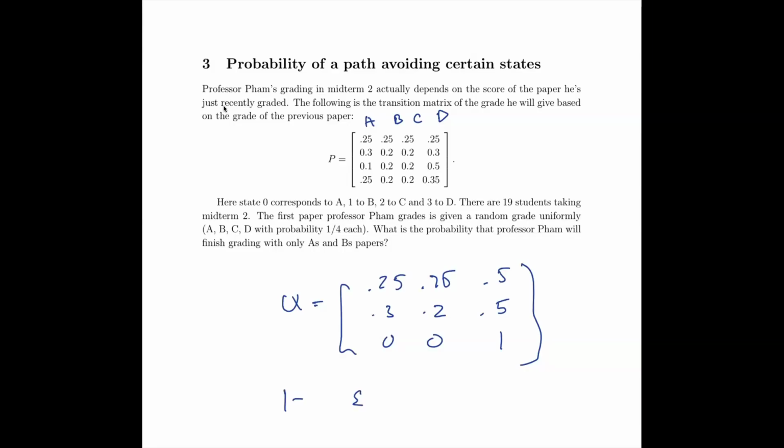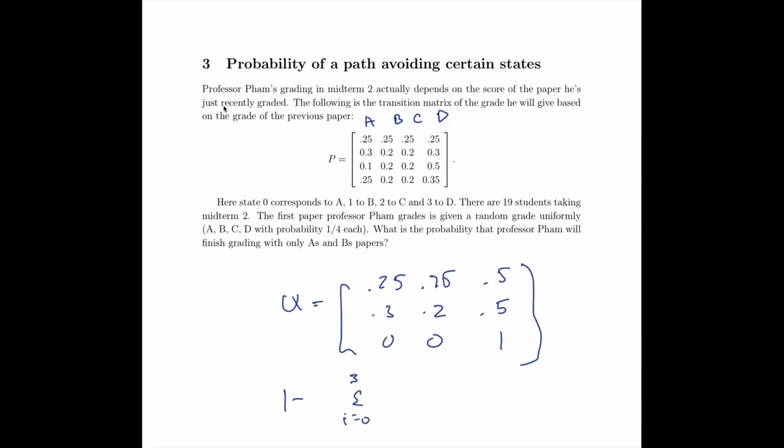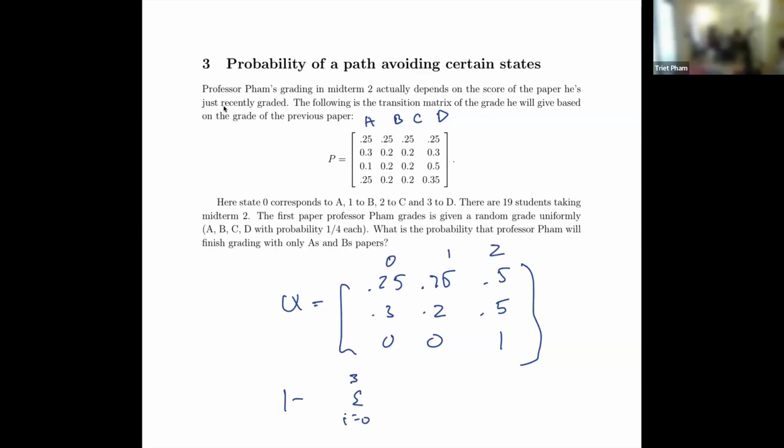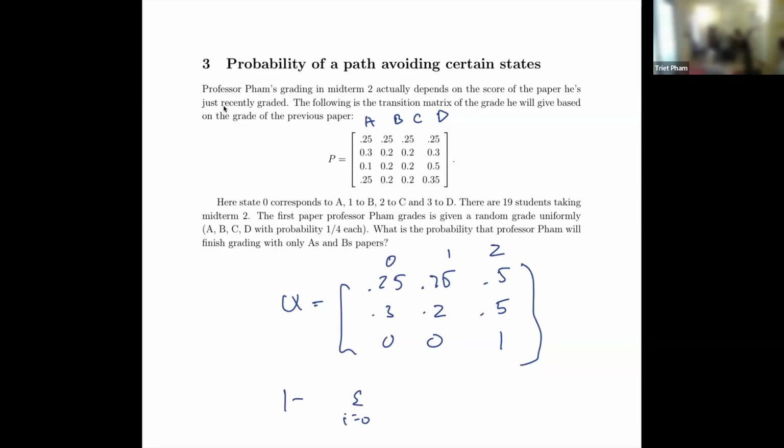But I heard you say i from 0 to 3, right? Did I hear you wrong? I guess it shouldn't be that way. I guess it should be 0 to 1. Correct. Or I guess 0 to 2, because we're going to be using the absorbing row as 2. Could that work?